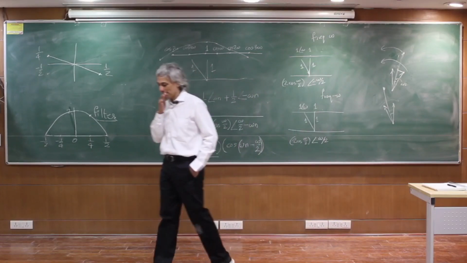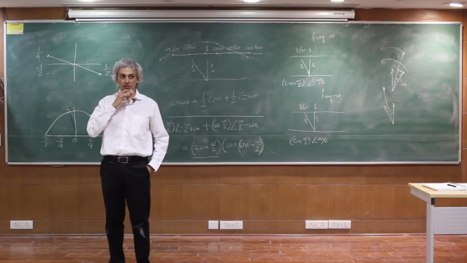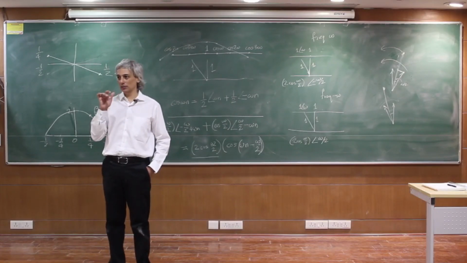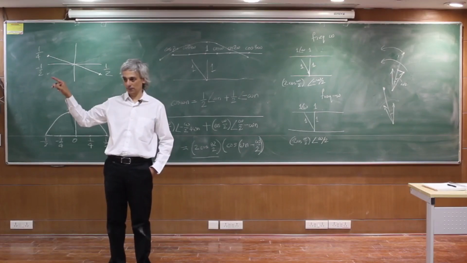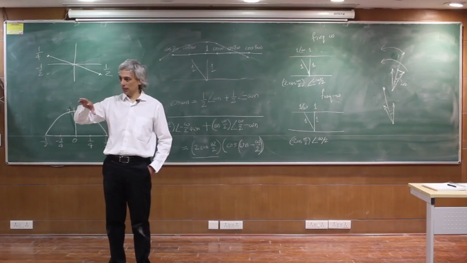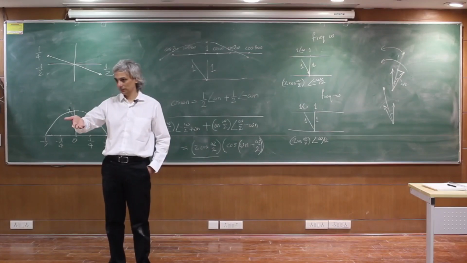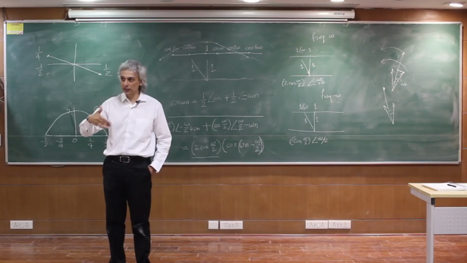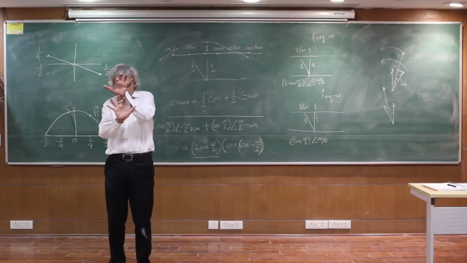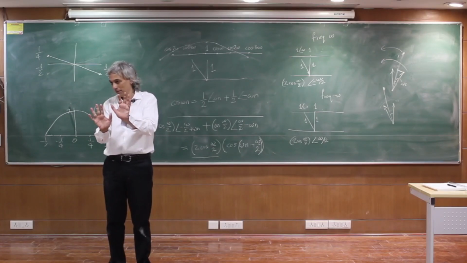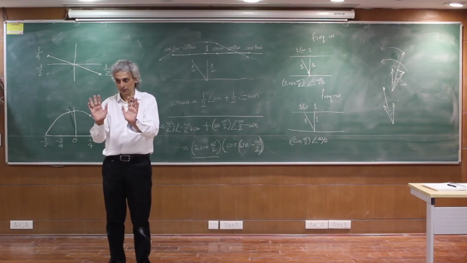We are trying to show ourselves that a sinusoidal of any frequency passing through any convolution will come out to be a sinusoidal of the same frequency, but it could have a different amplitude and it could be leading or lagging in time the original sinusoid. Very simple point that we are trying to make.